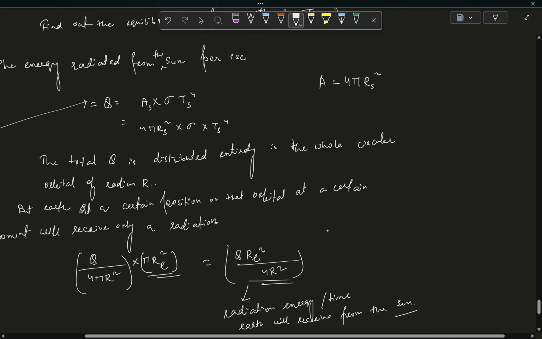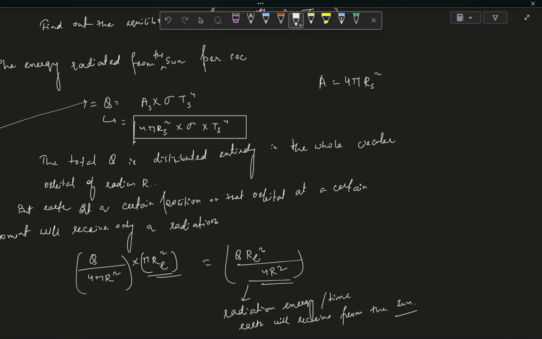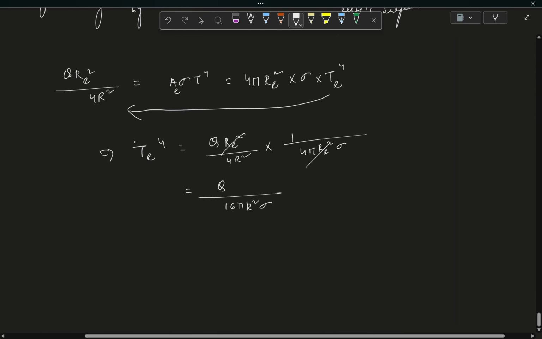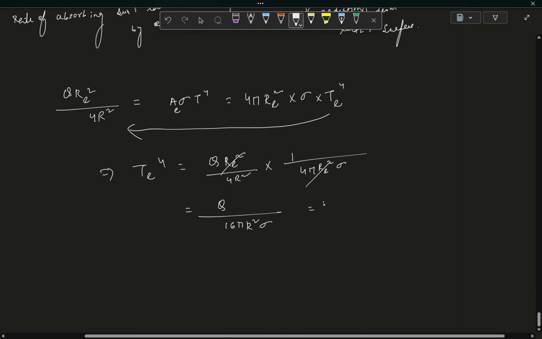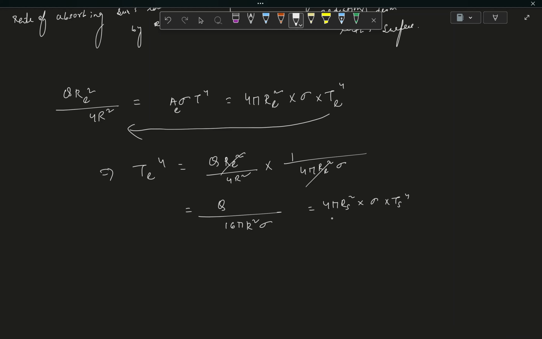Now you also have to put the expression of Q here, because earlier we obtained that the Q radiated from the Sun is 4 pi R_s squared into sigma into T_s to the power 4. So we put here 4 pi R_s squared sigma into the Sun's temperature T_s to the power 4 divided by 16 pi r squared into sigma. So sigma and sigma cancel out, 4 and 16 give 1 by 4, and pi cancels out. So you have R_s squared T_s to the power 4 divided by 4 r squared.